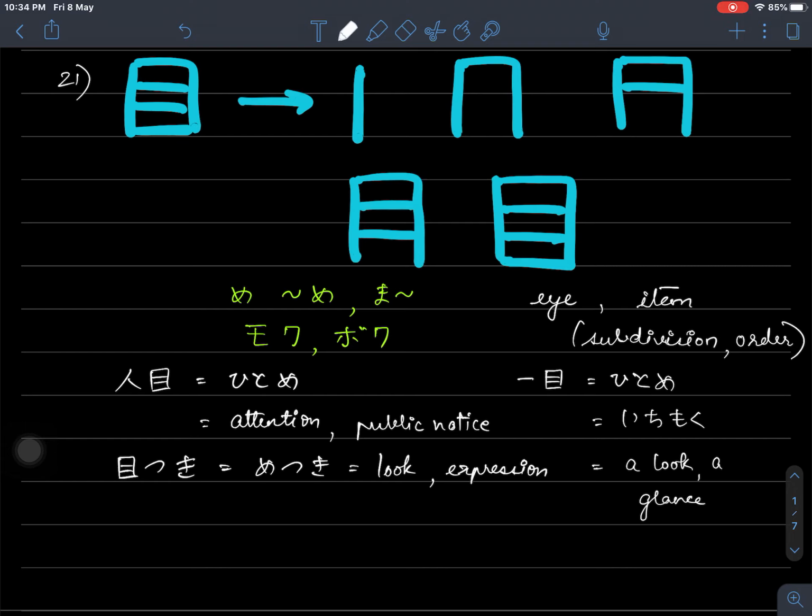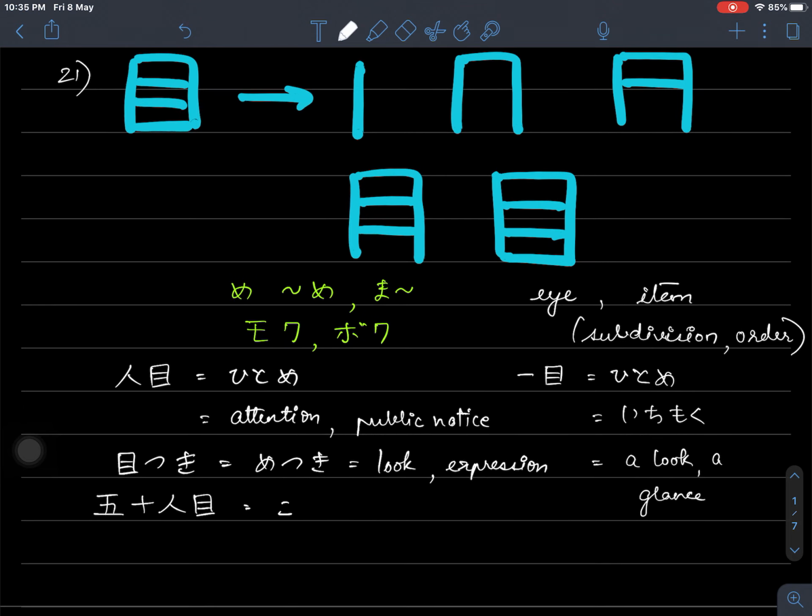Now let's have a look at some examples of the second meaning, where it means item, subdivision or order. So for example, this is going to be read as gojunin me, which means the 50th person.